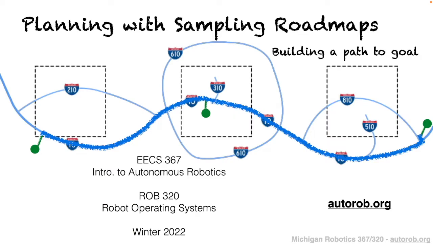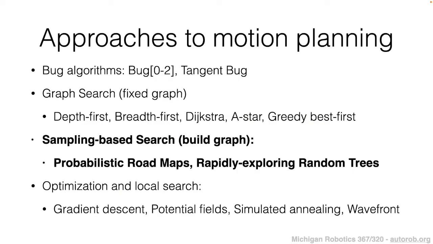All right. So to start today, let's first go back and recall the set of topics that we've looked at within this broader area of motion planning. So you'll recall that throughout this semester, we've looked at a set of different algorithms that could be applied within our robot operating system for motion planning and for path planning.